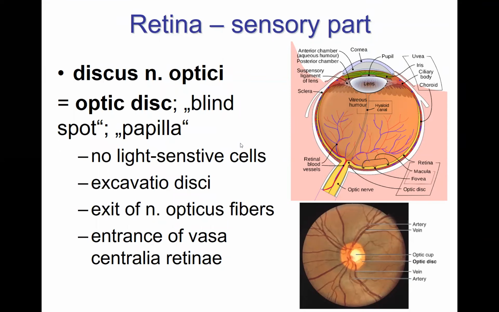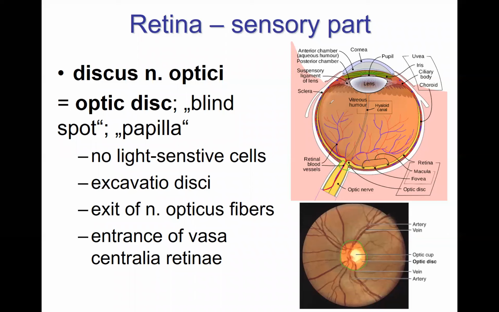From the macroscopic point of view, we should talk about two specific parts of the sensory part of retina. One of them is called the optic disc. The optic disc is well visible here, and is the area where the optic nerve exits. If you look into the eye with ophthalmoscopy or fundoscopy, then you see the optic disc here.